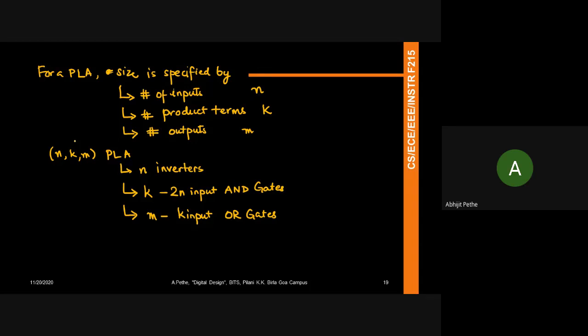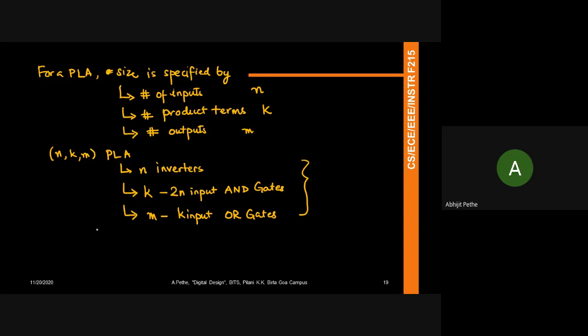So when you're doing things like that, remember these are your limitations, right? So when you have to use a PLA, that's the only trick in solving any question regarding the PLA: make sure you share all the product terms, right?